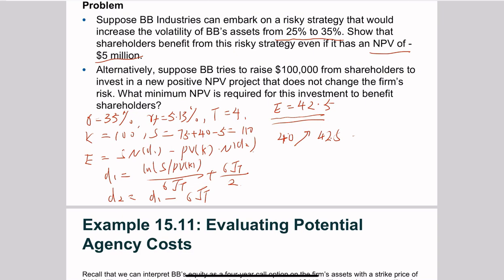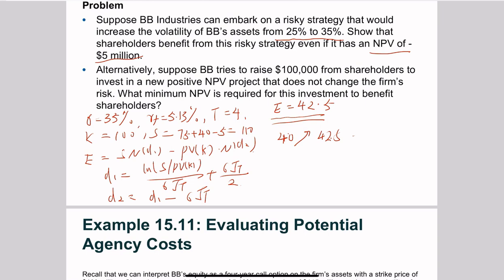Now why do we have a result like this? Well, there are basically two offsetting forces here, right? First, this project is a negative NPV project. So this will push the value of equity down. However, the negative NPV project has a larger volatility. So this will push up the value of equity.